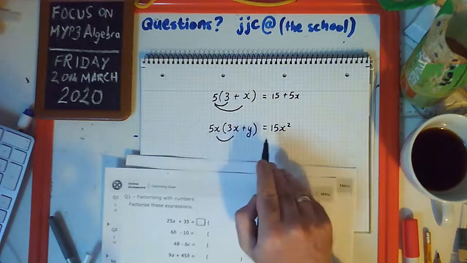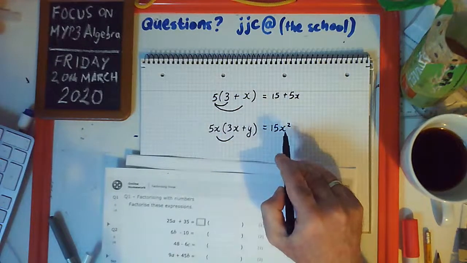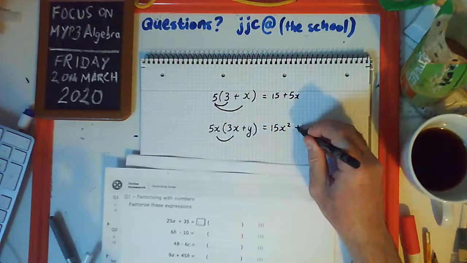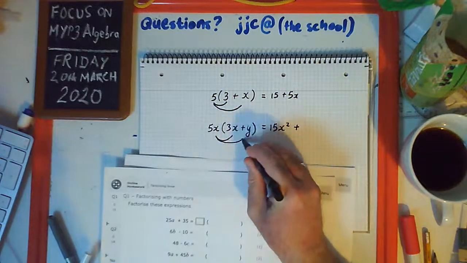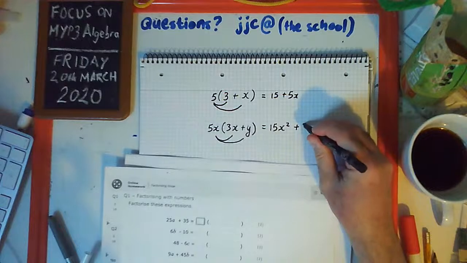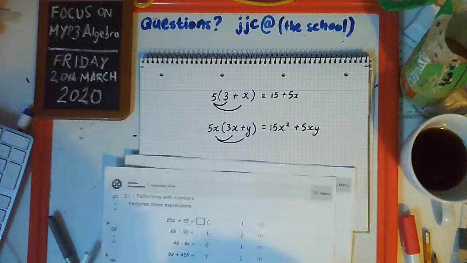The 5 times the 3 is making the 15, and the x times the x is making the x squared. And then plus 5x times y makes 5xy. So that's multiplying brackets out, but factorizing is the reverse of that.